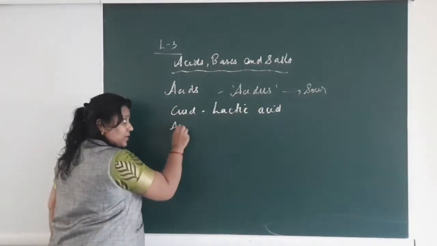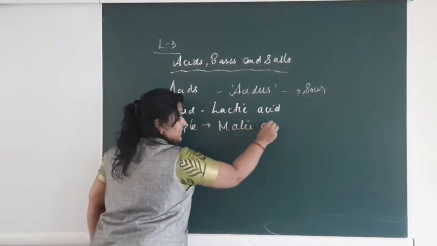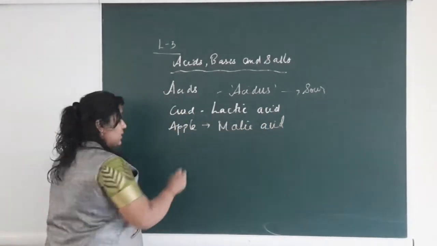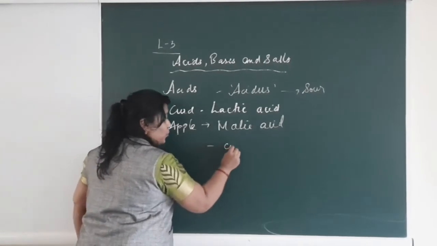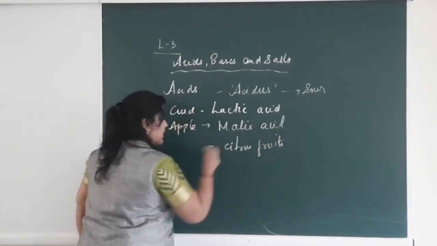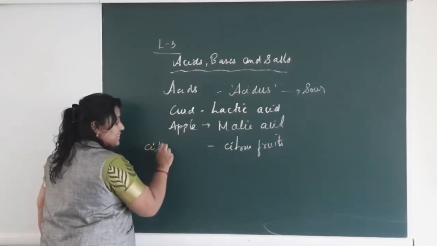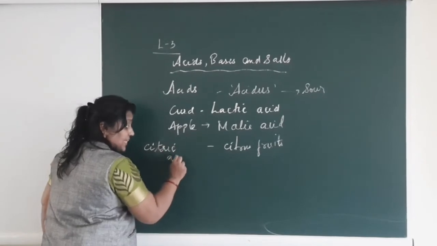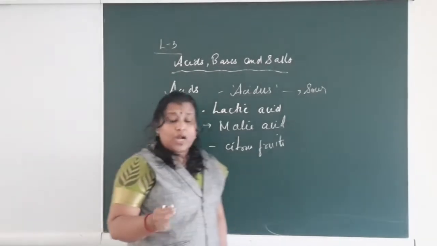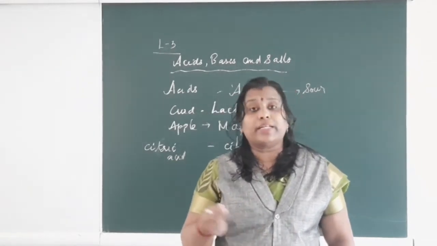If you take apple, it has malic acid. It is sour. And all the citrus fruits have citric acid, and that is sour. But you can't taste all. Many of the acids are harmful, so you can't taste all.